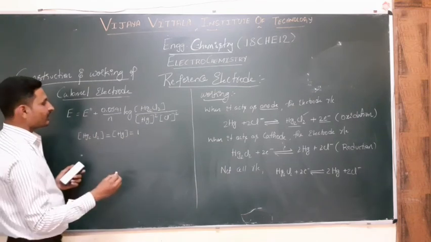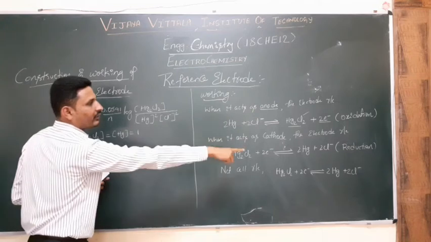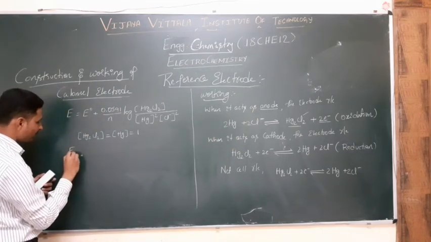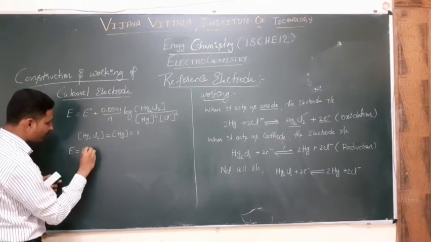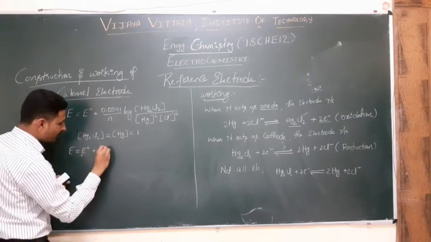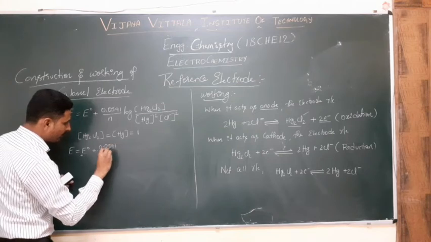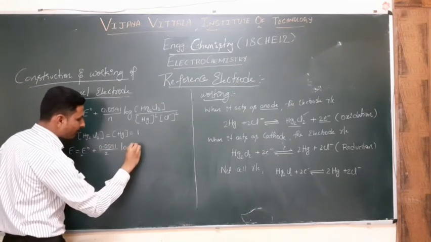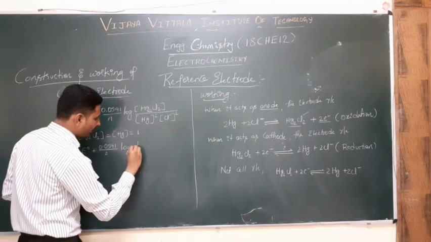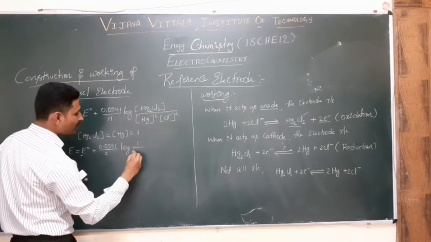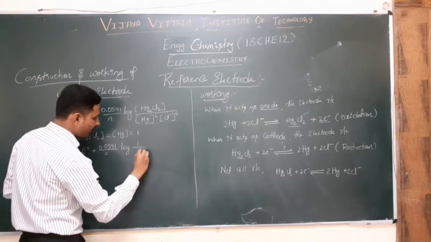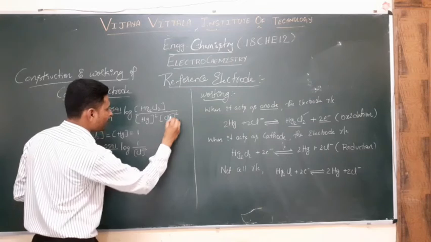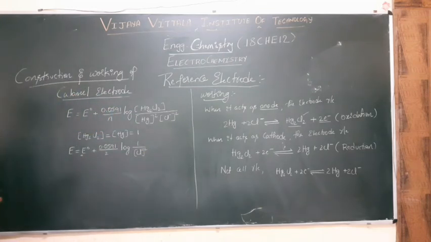Then n is 2, as 2 electrons are involved. So the electrode potential E is equal to E naught plus 0.0591 divided by 2 into log of 1 by the molar concentration of Cl minus whole square.